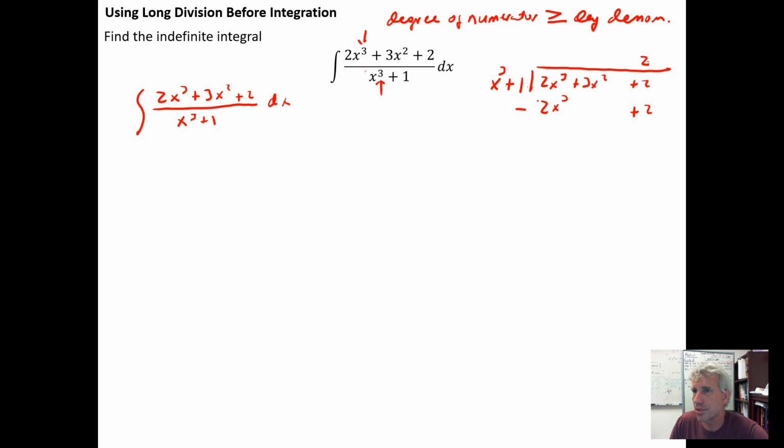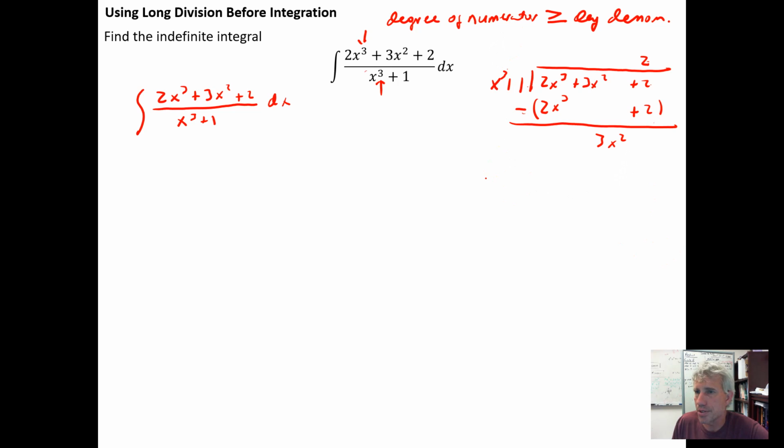That goes in the constants column, and it's long division, so we do the subtraction. I get 2x cubed minus 2x cubed is 0, 2 minus 2 is 0, and that's going to leave me with just a 3x squared. And in polynomial long division, as soon as the remainder has a degree less than the divisor, you stop. You're done with the polynomial long division.